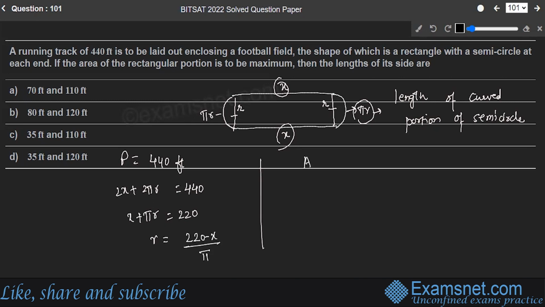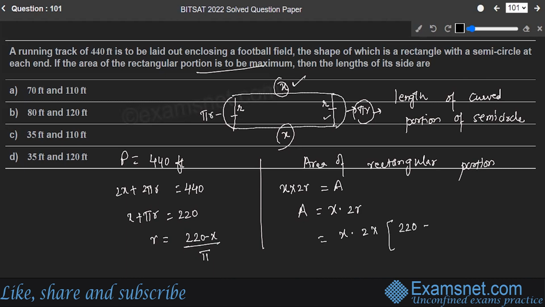Now let's talk about the area of the rectangular portion, which should be maximum. Area is given by length into breadth, so A is equal to x into 2r, which is x into (220 minus x) upon pi.